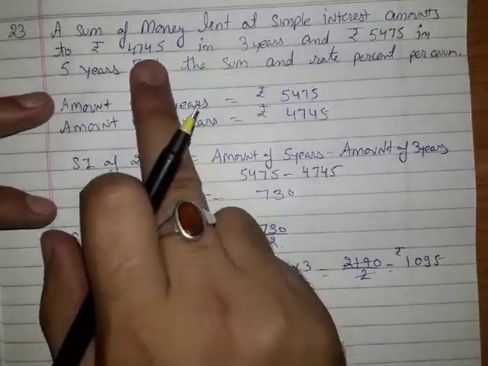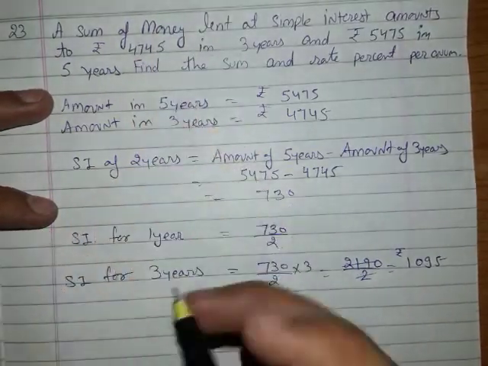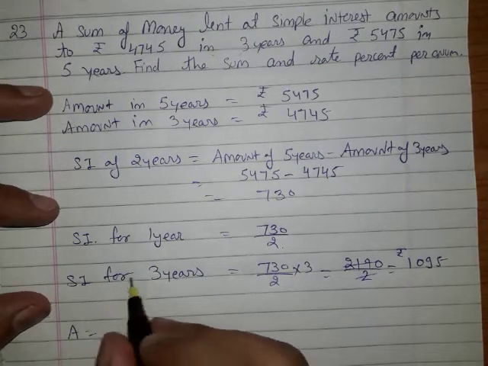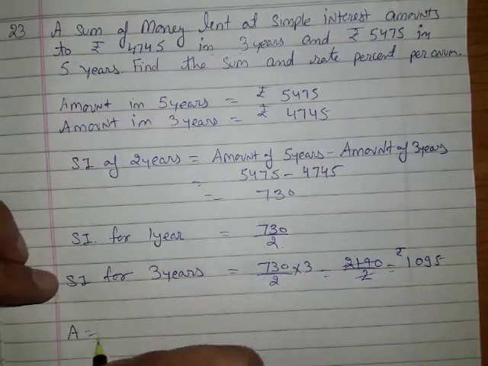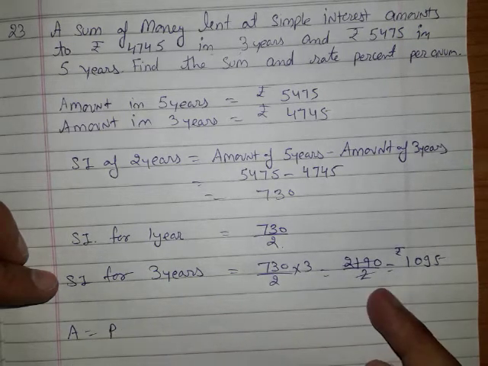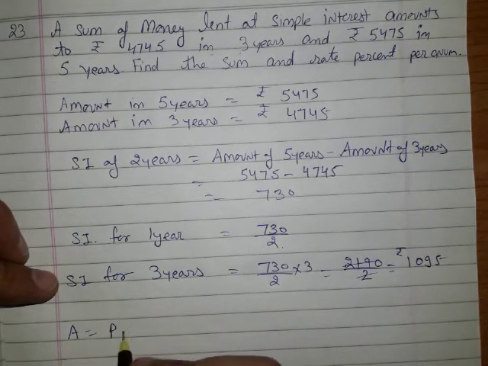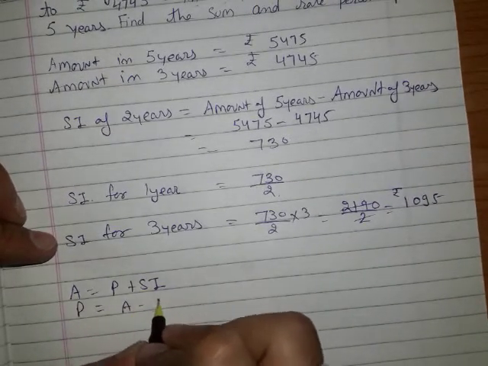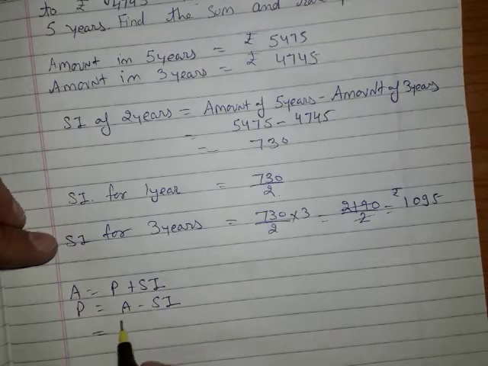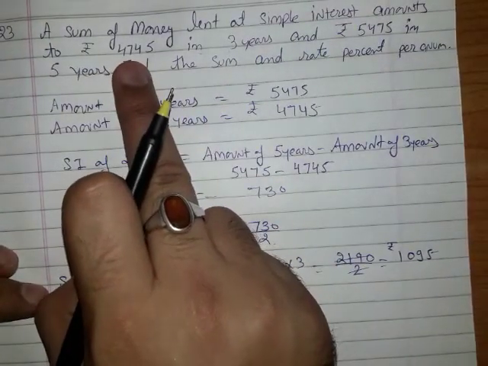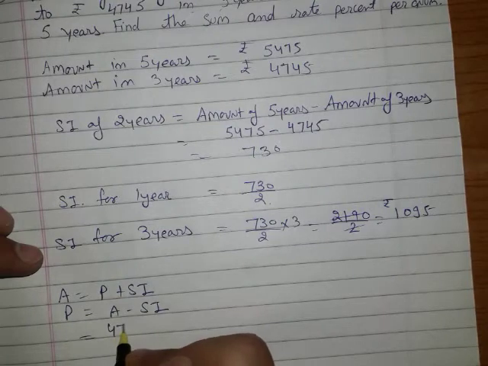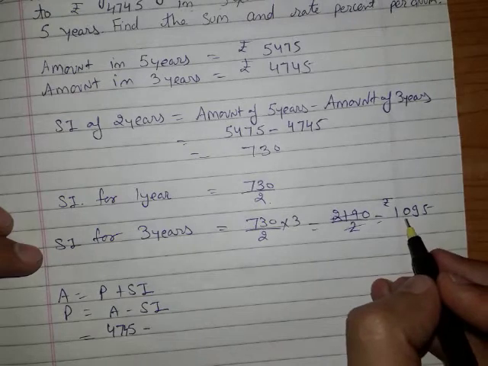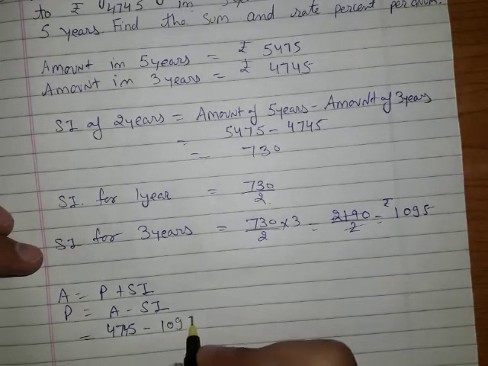Now we have the data of the amount for 3 years, so we can find the principal by subtracting this simple interest from the amount. We have the formula: amount is equal to principal plus simple interest. So principal is equal to amount minus simple interest. Amount of 3 years is 4,745 minus simple interest 1,095.